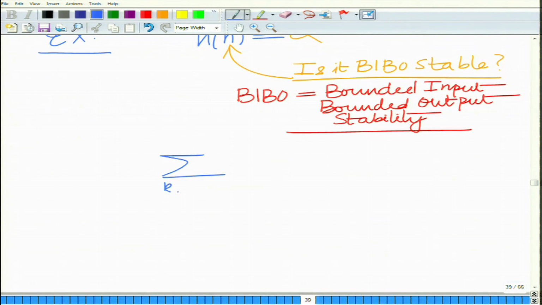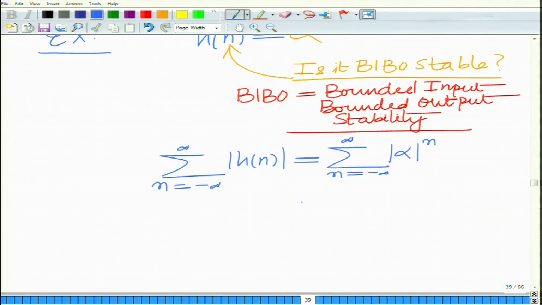We have to check the absolute sum, n equal to minus infinity to infinity, of the magnitude of h of n, which is summation n equal to minus infinity to infinity magnitude alpha raised to the power of n u of n.